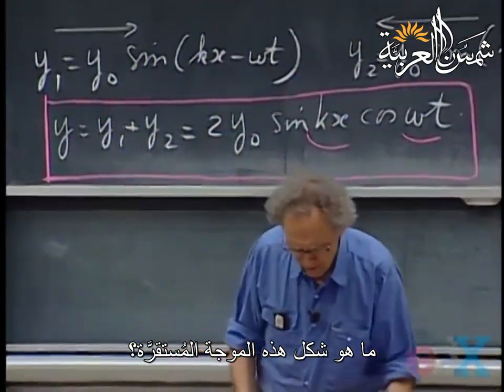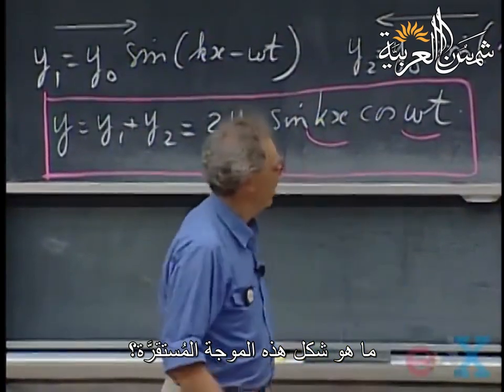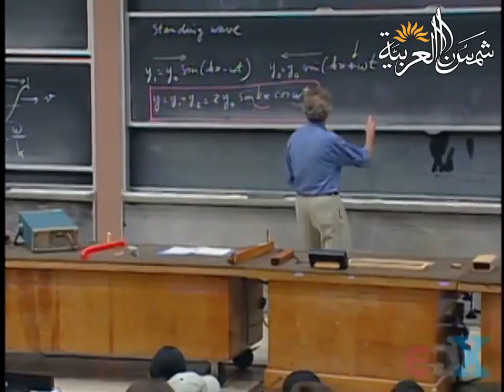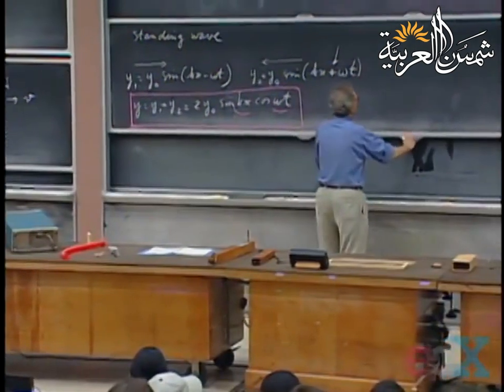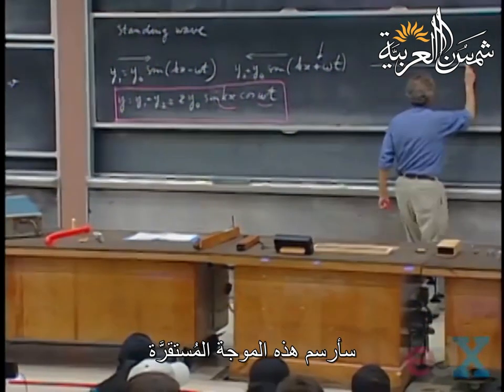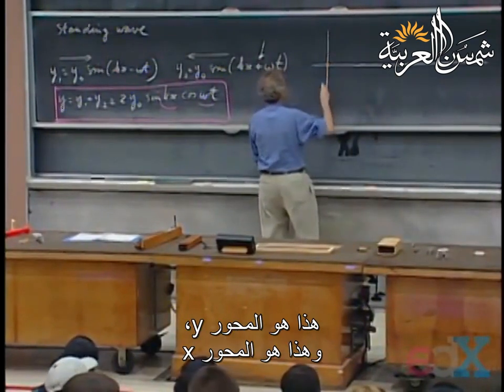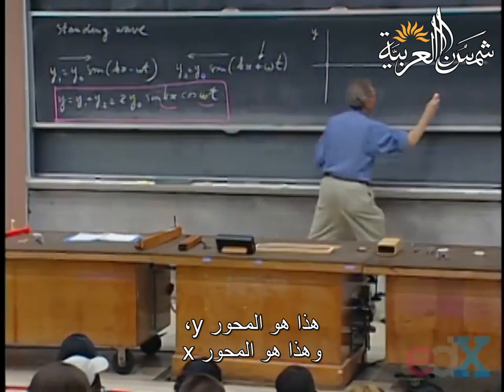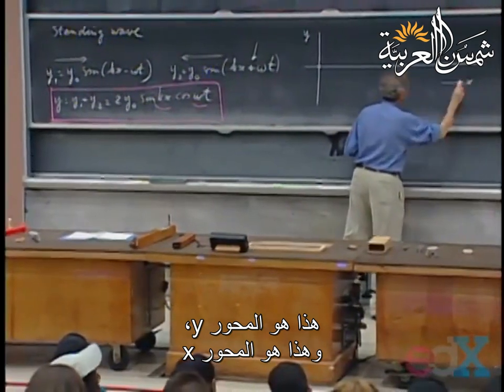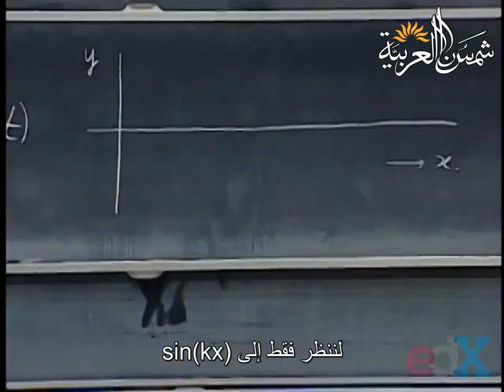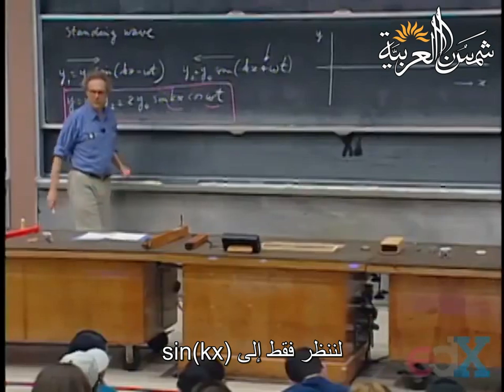And so what does a standing wave like this look like? Let's make a drawing of such a standing wave. So here we have y, and here we have x. Let's only look at the sine kx for now.